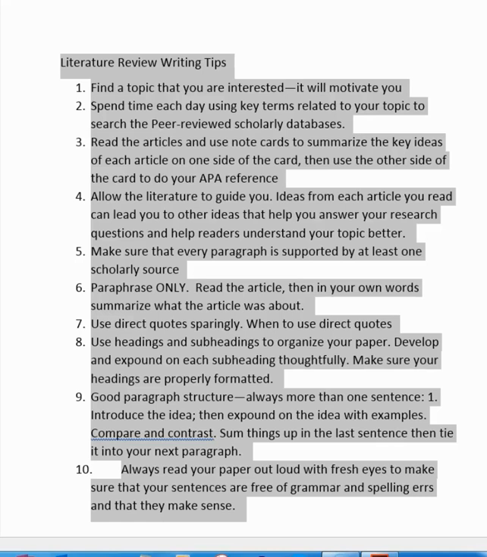Number 2, spend time each day using key terms related to your topic to search the peer-reviewed scholarly databases. If you search my list of APA writing videos, you'll notice that I also have a video in there on peer-reviewed scholarly sources. When you're writing a scholarly paper, it's important to make sure that you're supporting your paper properly.